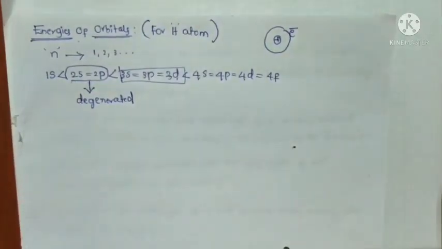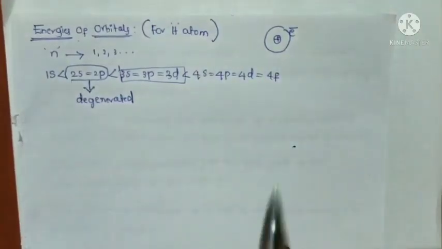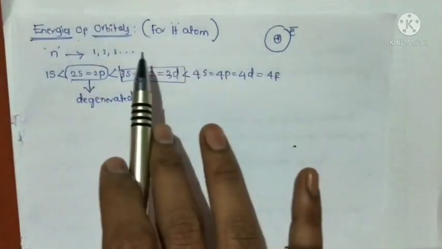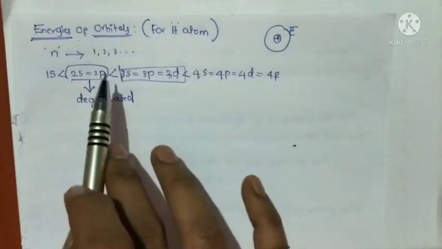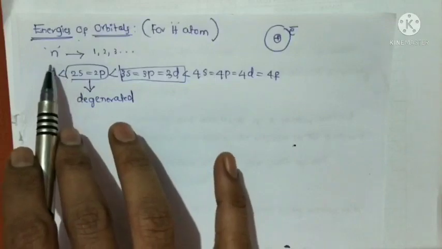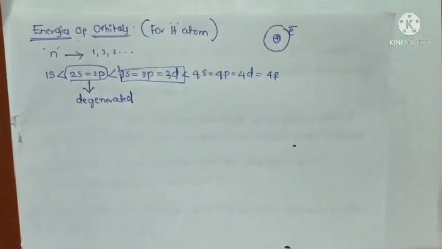Because in the hydrogen atom only attraction between the nucleus and electron is there, that's why orbital energies in a hydrogen atom depend only upon the principal quantum number but not upon the azimuthal quantum number.